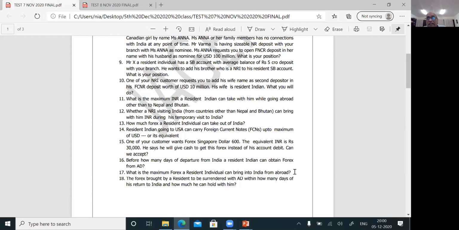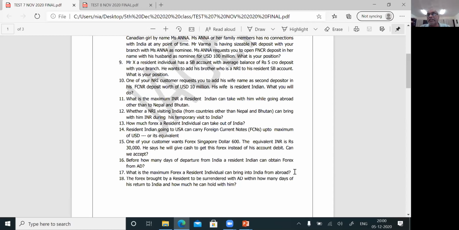Whether the currency declaration form is a must as per the RBI guidelines: yes, in certain cases it is a must, because after bringing the currency, he will come to you for exchanging. At that time, you have to ask for the currency declaration form.